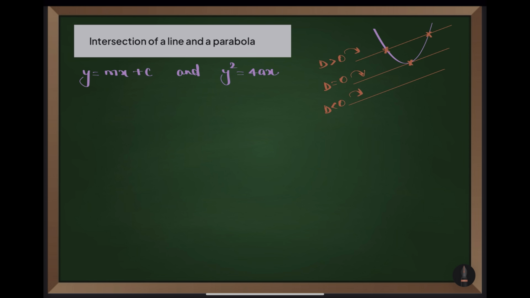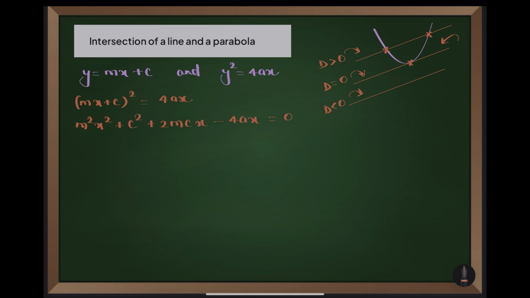Now look at this. I'll apply the same concept, and I'm interested in finding the condition for tangency. I'll substitute. So can I place the value of y in this part? So (mx plus c) whole square equals 4ax. Now open this bracket: m square x square plus c square plus 2mcx. Can I ask 4ax to come to this side? So minus 4ax equals 0.